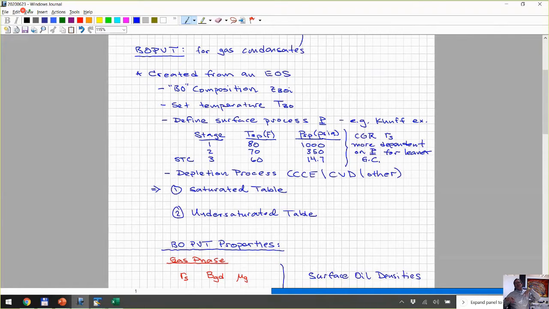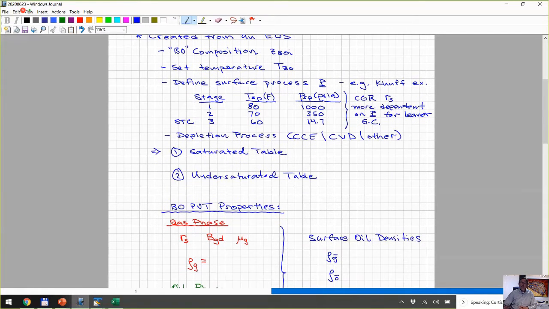So the HYSYS group, the process engineering group, is going to really have to be much more diligent, with much more optimization of the surface processing facilities, the leaner the condensate system. And again, the reason for that is what we talked about yesterday. That first stage separation, you have a lot of gas.